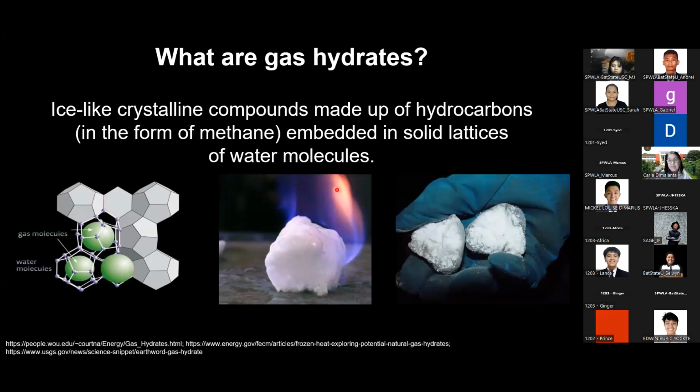So these are some photos that show us what gas hydrates look like. And there's a lot of interest in gas hydrates because of their potential as an alternative energy source.